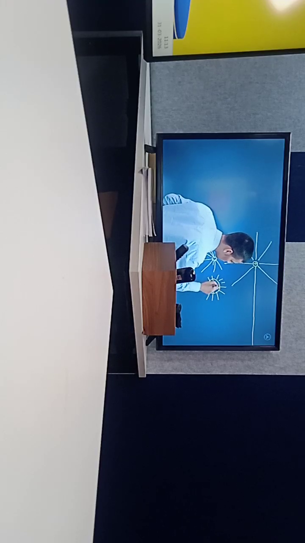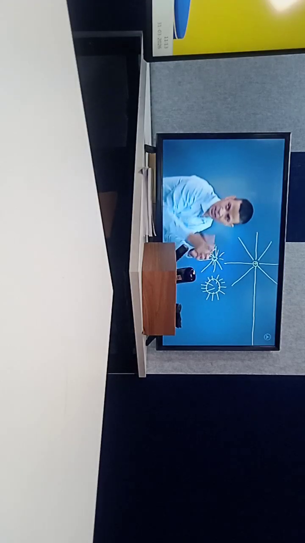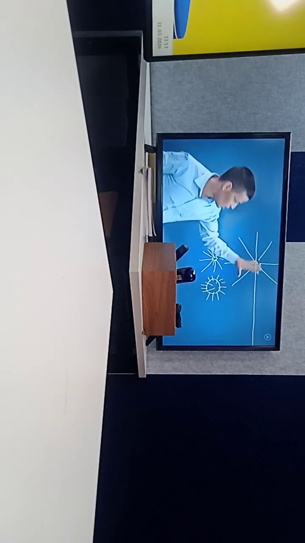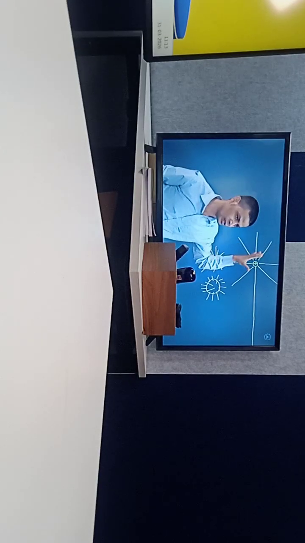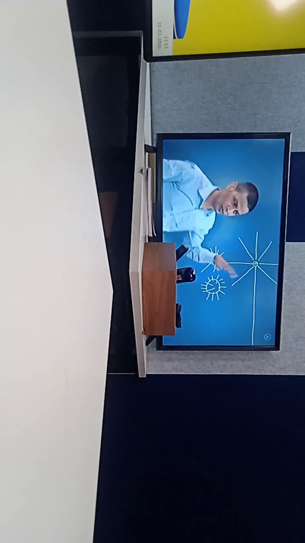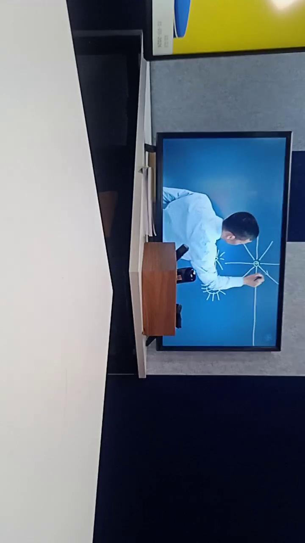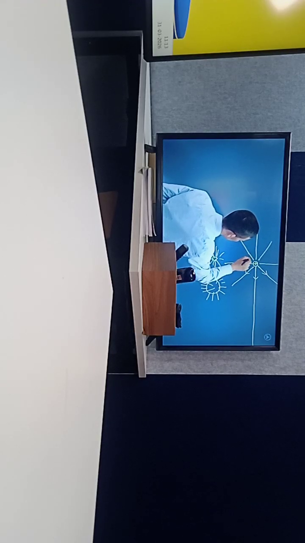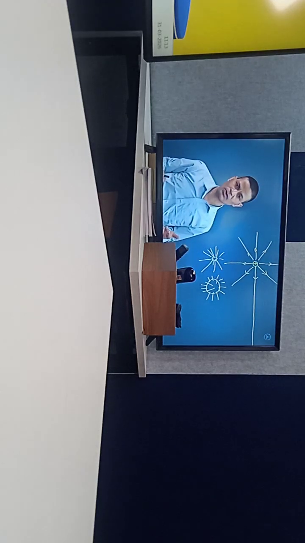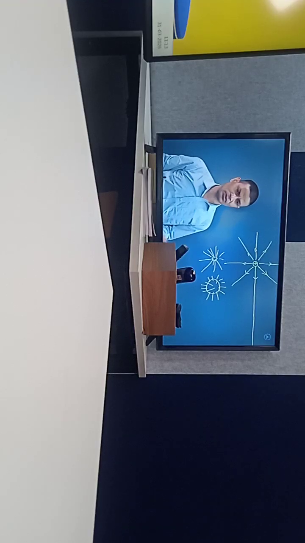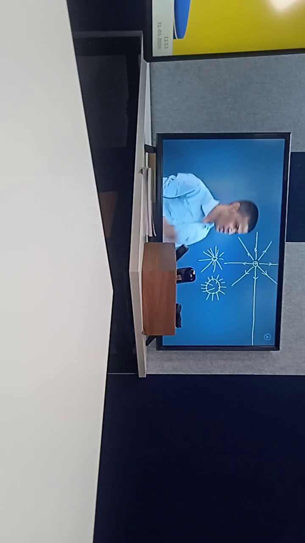So these nails are coming out in all directions. This is how the electric field due to this positive point charge will take place. And of course, they will go outward. The electric field lines show the direction of acceleration or direction of force experienced by a test charge placed in that region.